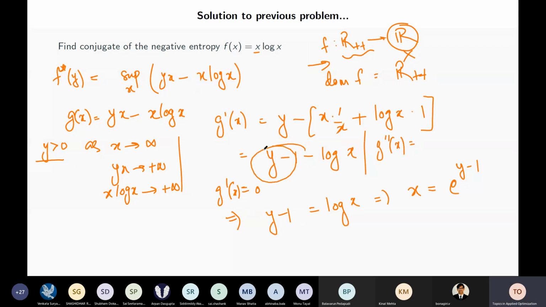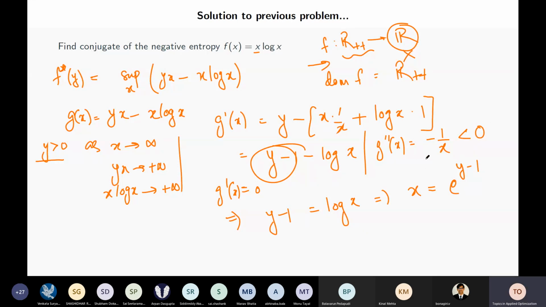This guy being a constant will vanish, and this is minus 1 over x. But x is positive, right? x is always positive, which is restricted by the domain of f itself. So this whole thing is positive, and then we have a negative here, so overall it's negative.